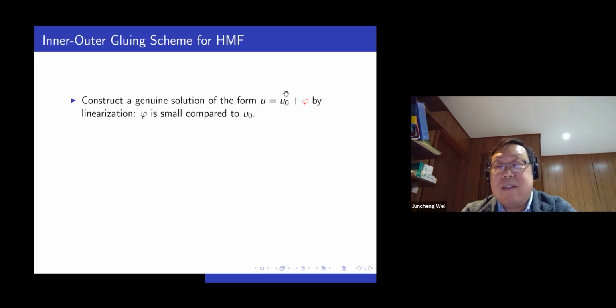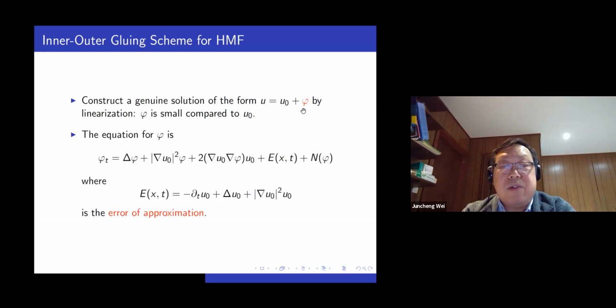We linearize around this U0 and construct a solution as a small perturbation. We get a linearized equation. The harmonic map flow is a system, so it's a little complicated, but you can still write down all the computations.